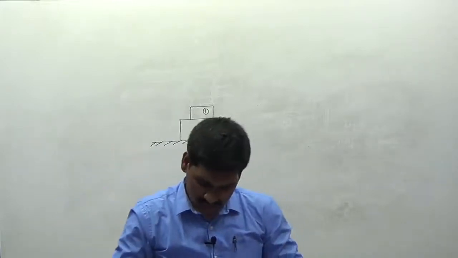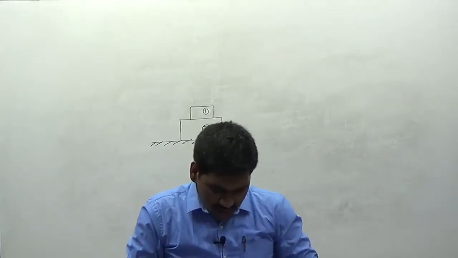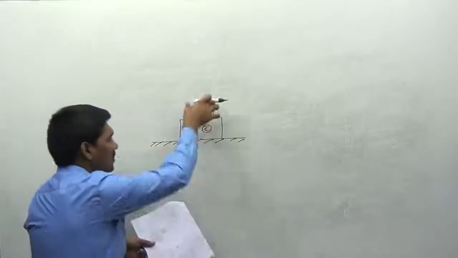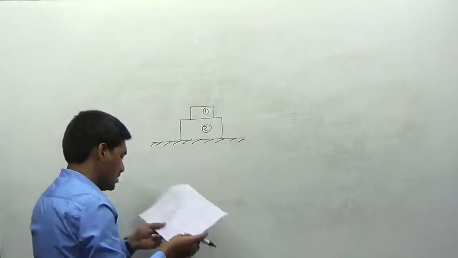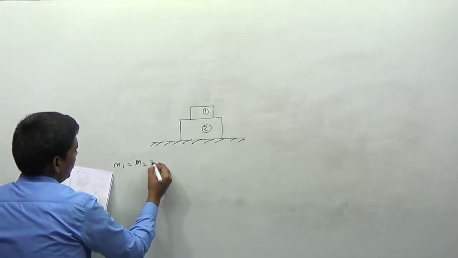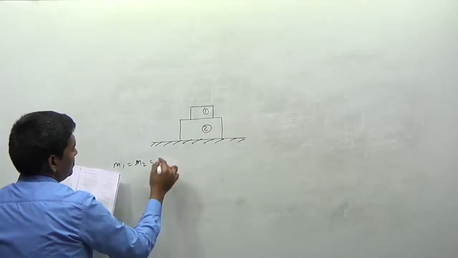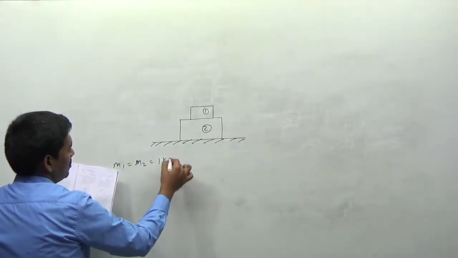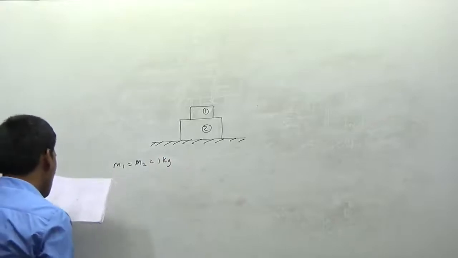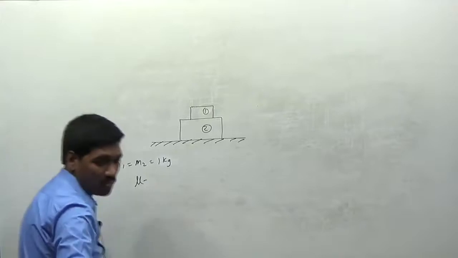Two books of mass 1 kg each. Let us assume that these 2 bodies have the same mass, so M1 is equal to M2 is equal to 1 kg, the mass of each book. The coefficient of friction on every pair of the contact surface, mu, is always 0.3.